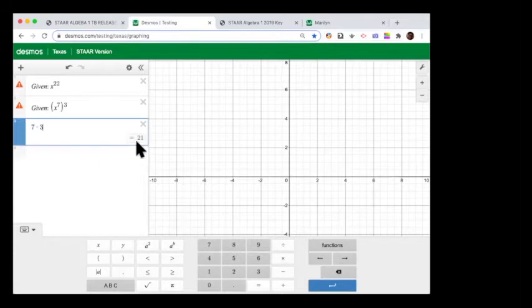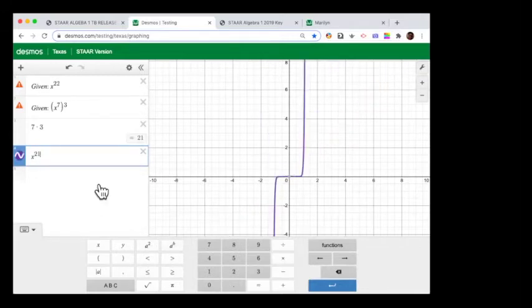Okay, and that gives me 21. So I now have x raised to the power of 21. We put that to the side for now, because we only want to know that x to the 21 is the result of x to the 7 raised to the power of 3, correct?